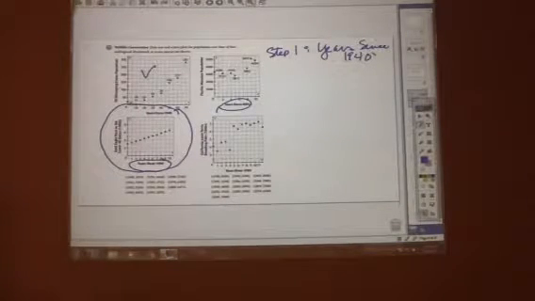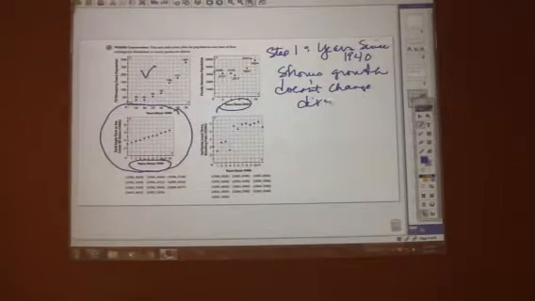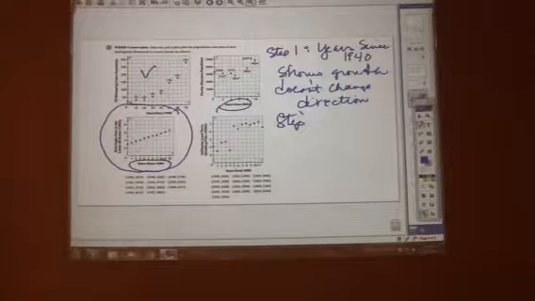Why do we think that's exponential? Because it shows growth. It doesn't change directions, right? Alright, step 2. Put those points into list 1 and list 2.